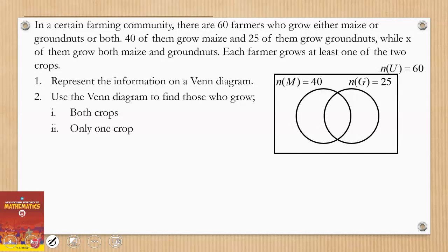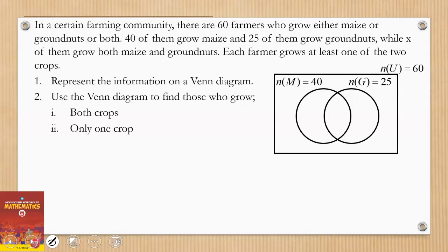There wouldn't be any farmer among the 60 farmers who grows neither maize nor groundnut. It means every farmer cultivated something among these two crops. We want to represent the information on the Venn diagram, then use it to find those who grow both crops and only one crop.